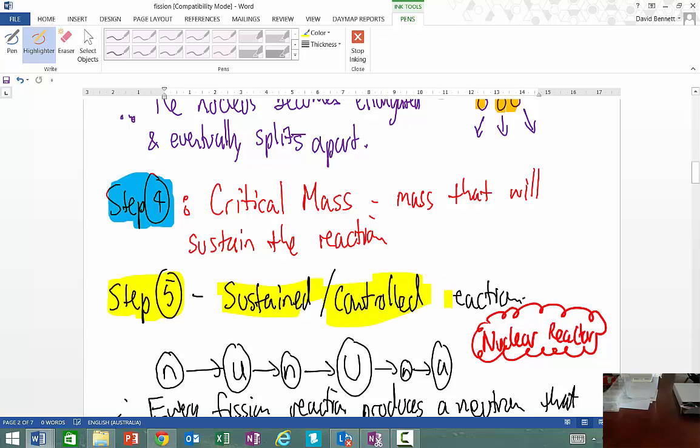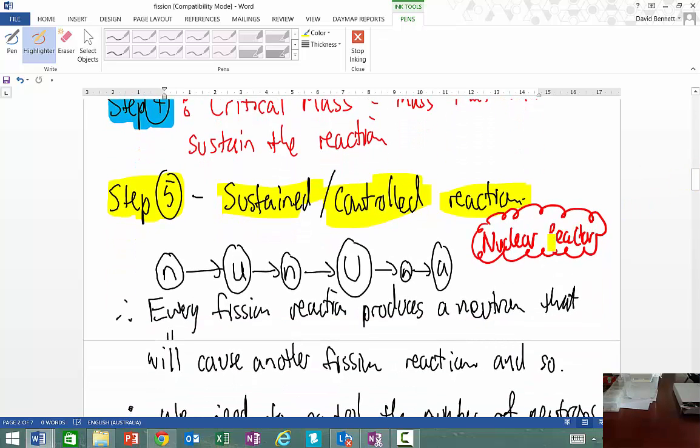Now, we'll talk about how that actually works in the nuclear reactor itself, but you use control rods in order to absorb some of the neutrons. Because remember, every reaction, one neutron produces 3 neutrons. What we want to have in our reaction is 1 neutron instigating a reaction, producing 1 neutron to instigate another reaction, producing 1 neutron.